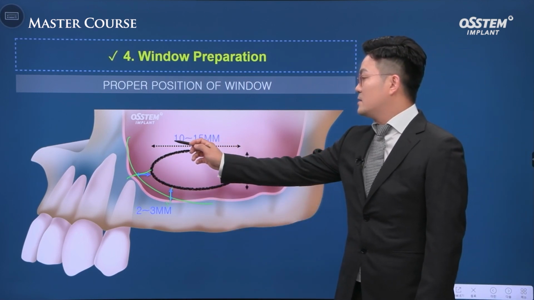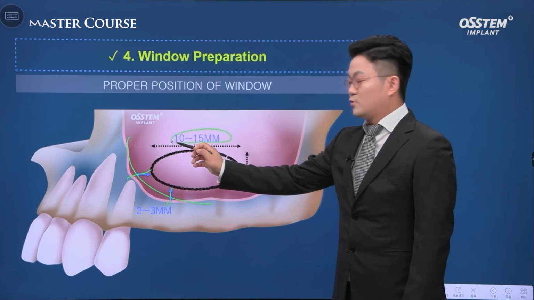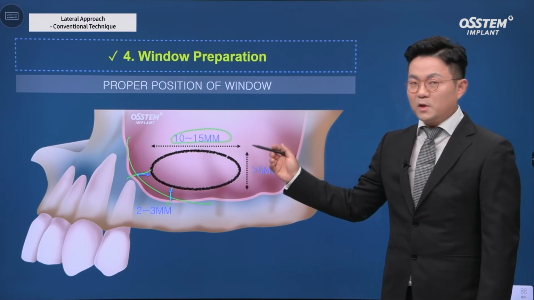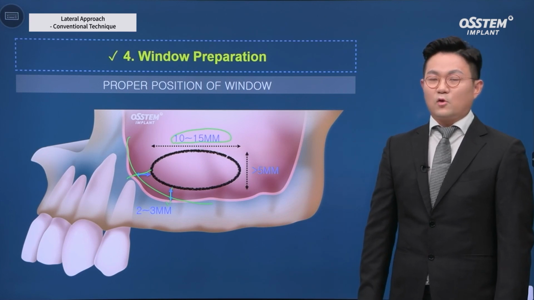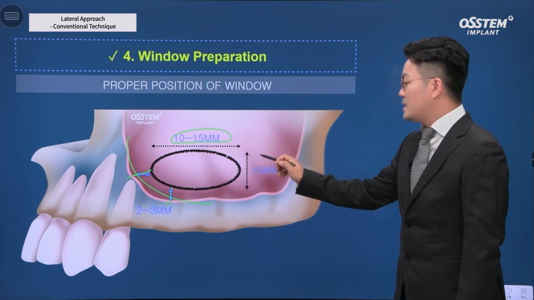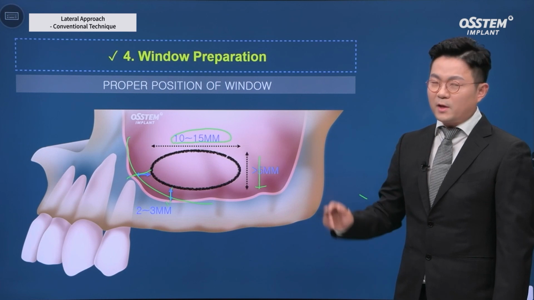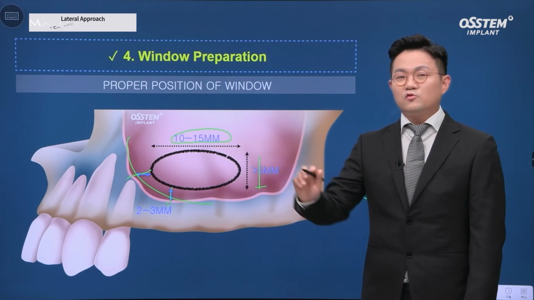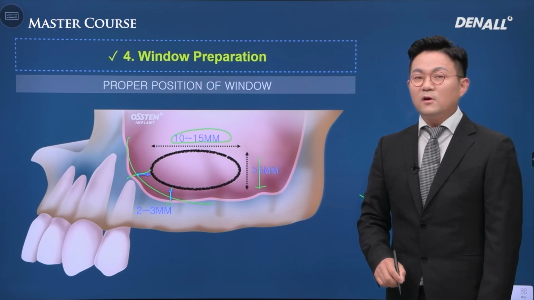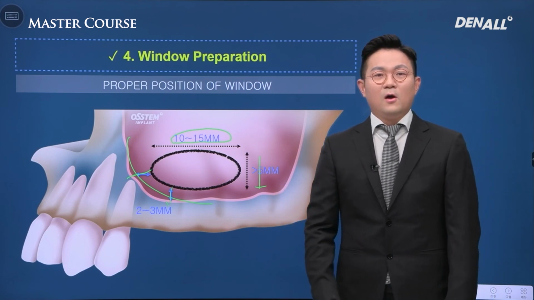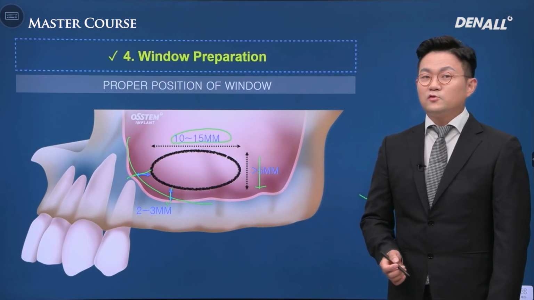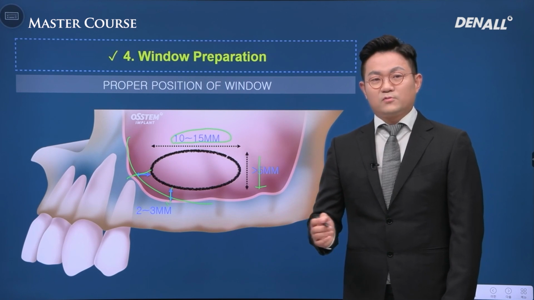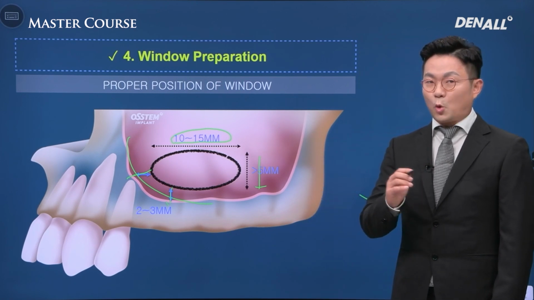Lengthwise, for convenience of surgery and instrument accessibility, the dimension is set. The height needs to be at least 5 millimeters. Otherwise, the instrument cannot move freely inside, making surgery challenging. So if you're new to surgery, it's better to make a wider or bigger window.